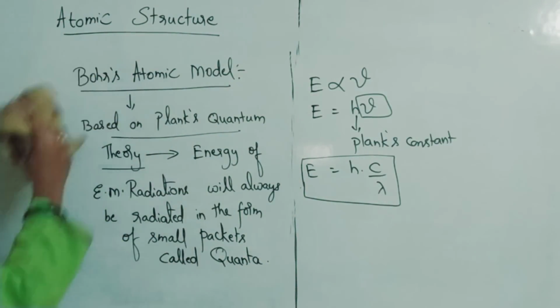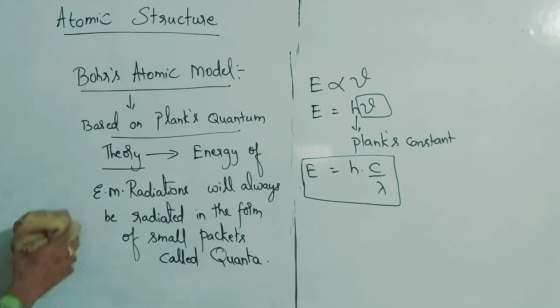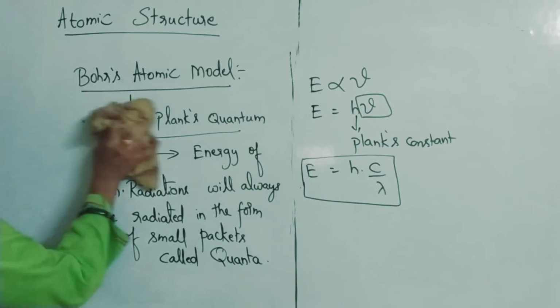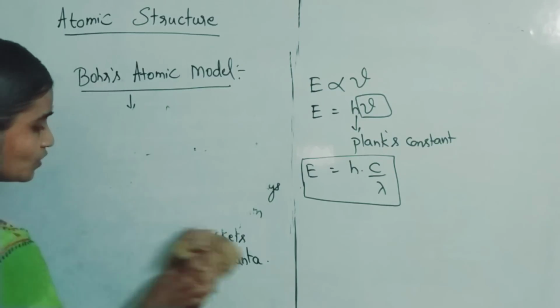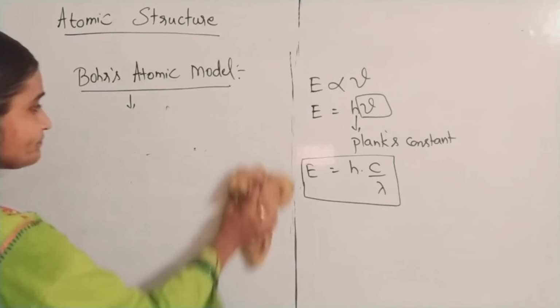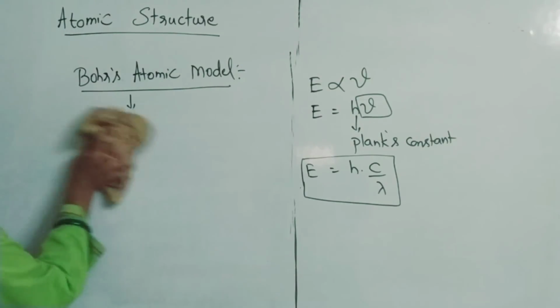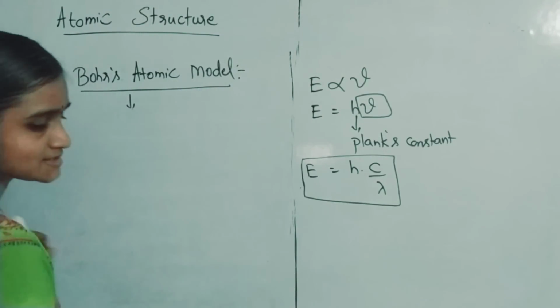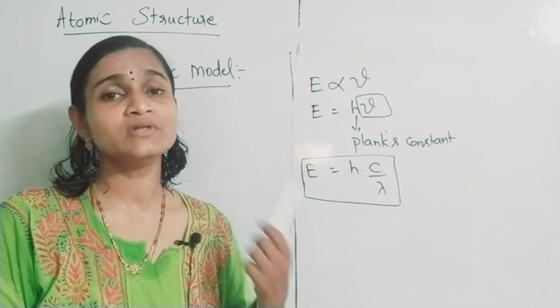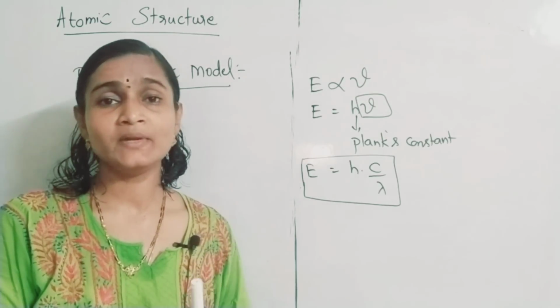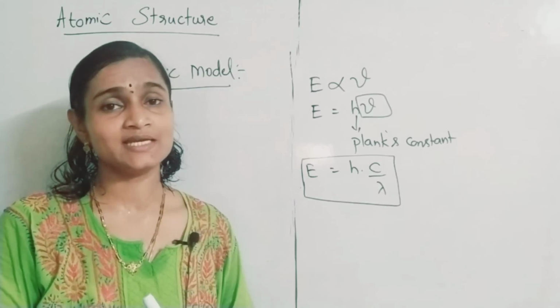Now based on this quantum theory, Niels Bohr proposed his atomic model. So what are the postulates of Bohr's atomic model? You all are aware of this. Electrons revolve around the nucleus in fixed paths called orbits or shells. As long as electrons revolve around the nucleus in a fixed orbit, its energy remains constant.